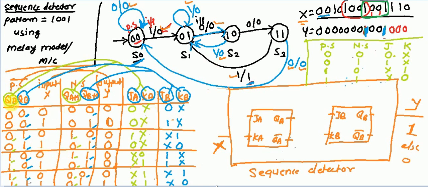So if present state is 00 and input is 0, next state is what? 00. Look at this loop. And what is the output generated over here? 0. 0 is input, output is also 0.